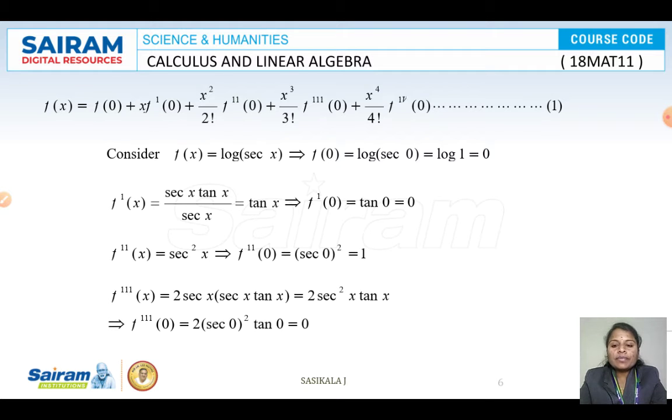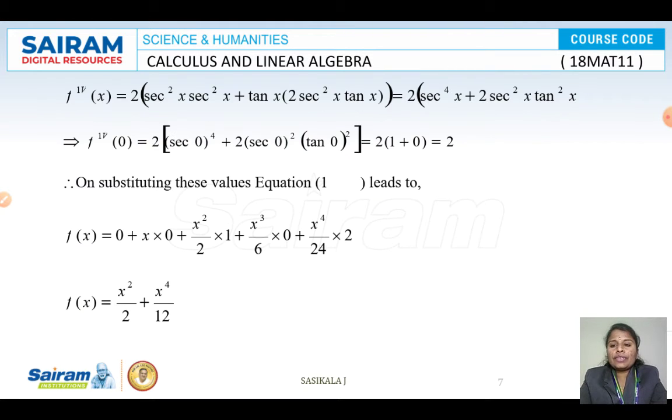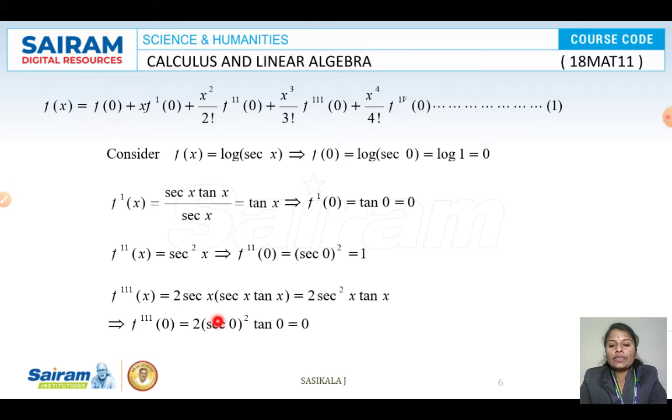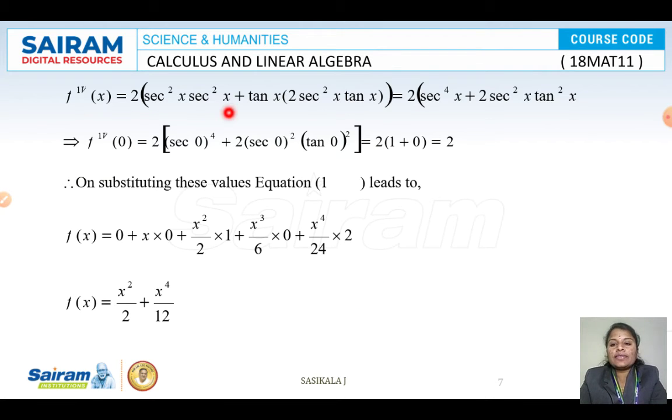The next thing we need to find here is the fourth derivative. So f''''(x) is 2 into secant squared x into tan x, and we have to use the product rule, u into dv. So, 2 into secant squared x into the differentiation of tan x, which is secant squared, plus tan x into the differentiation of secant squared x, which will be 2 secant squared x into tan x.